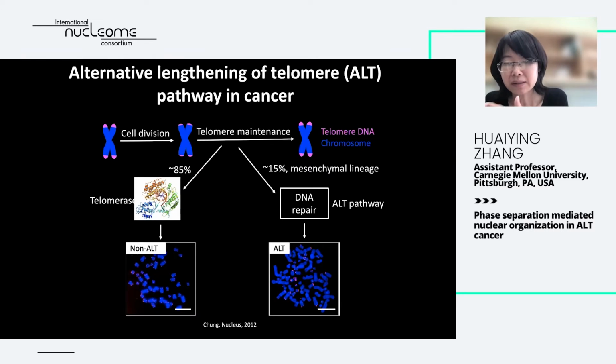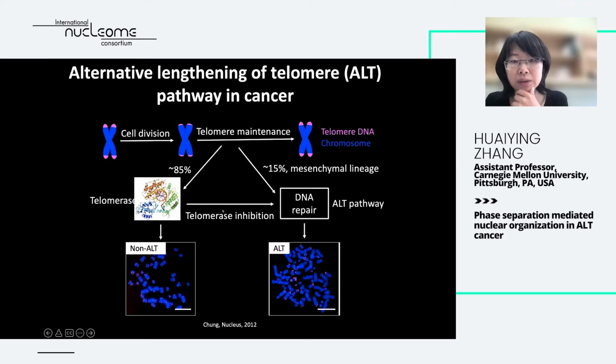The molecular mechanism is still not super clear, but interestingly, although ALT cancer cells only account for a small percentage of cancer cells, some telomerase positive cancer cells, when subject to a telomerase inhibitor, will adopt the ALT pathway to live. Again, the molecular mechanism is not well understood.